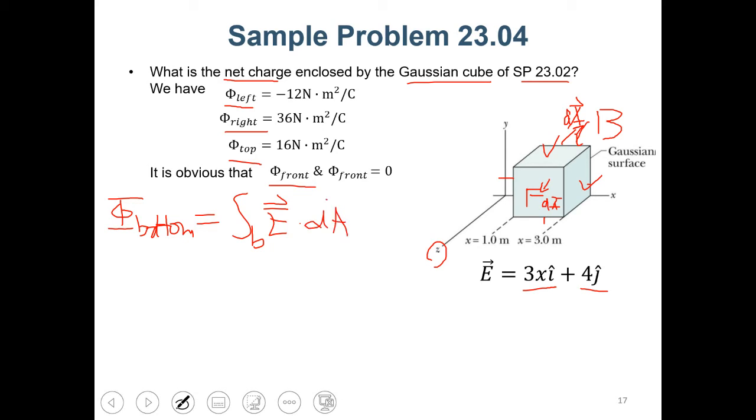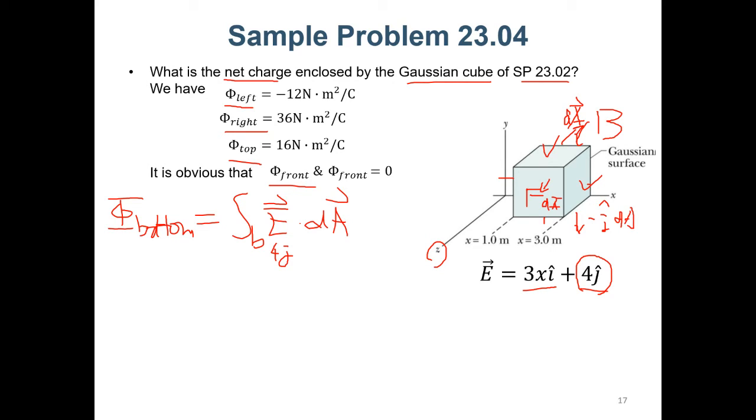you may still remember that we can calculate like this. The y component of the E field is 4j. So E is 4j, and dA should point to the negative y-axis, which means it will be negative j hat dA.